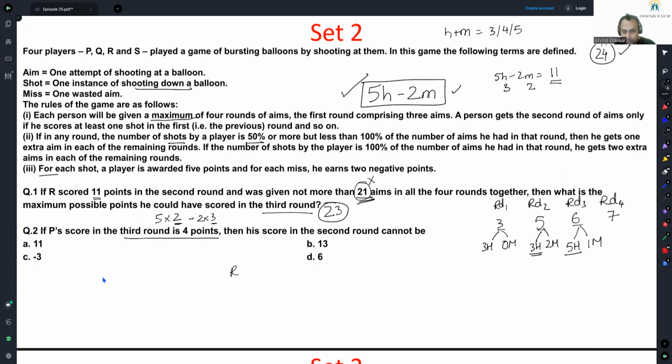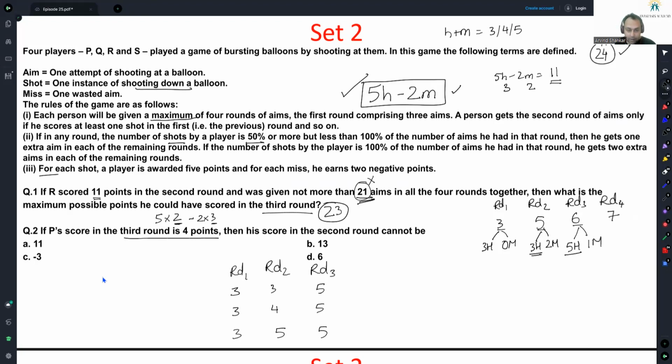In round 1, of course, the aims available were 3. So it could potentially happen that in round 2, either 3 were available, or 4 were available, or 5 were available.